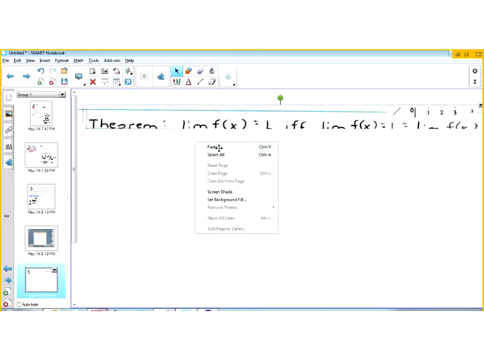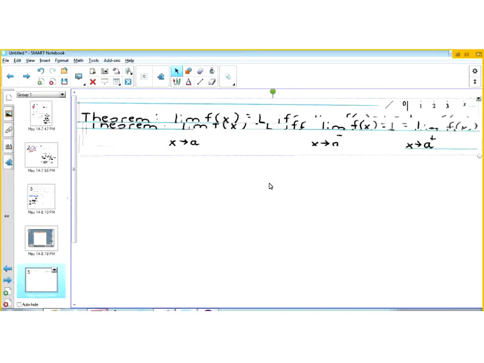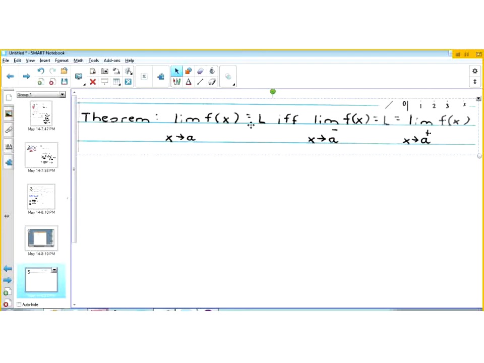Okay, so we know the limit as x approaches a of a function is a number if the left and right limits are the same. I can't emphasize enough the importance of this theorem. So the limit as x approaches a of f of x is equal to L if and only if the left limit is equal to L as well as the right limit. Okay, so we have to have those two very important results.